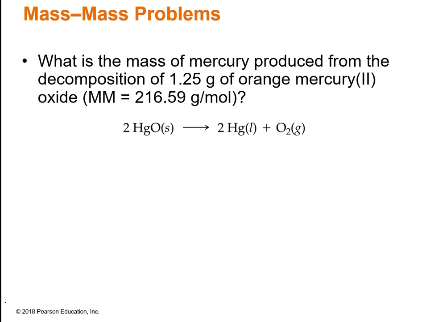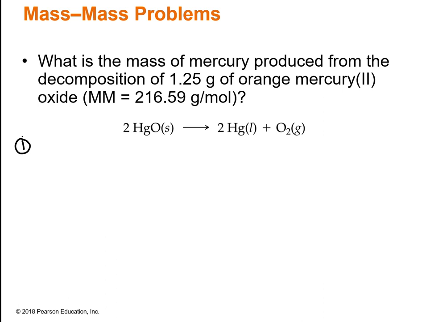What is the mass of mercury produced from the decomposition of 1.25 grams of orange mercury 2 oxide? And we have the molar mass of mercury 2 oxide is 216.59 grams per mole. So that's nice. We don't have to calculate that molar mass. We said that our first step is going to be going from our grams of given to moles of given.